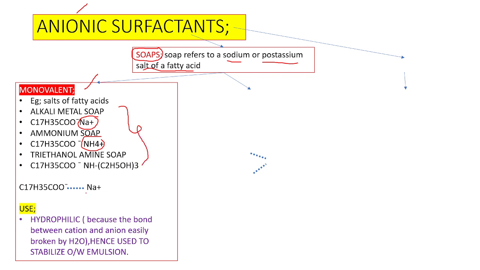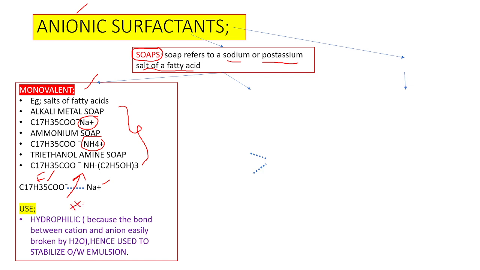In all these monovalent soaps, there is a single bond between the sodium and the fatty acid. This is a fatty acid, and this is a salt. The ionic bond present between the fatty acid and salt can be easily broken by the water molecule.